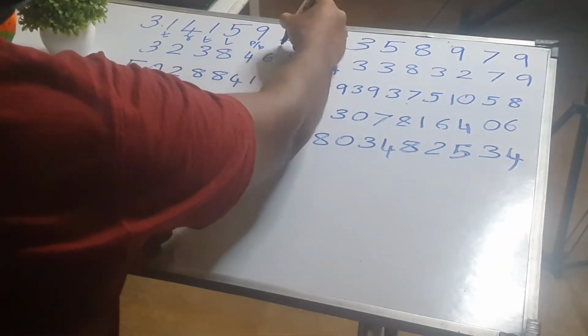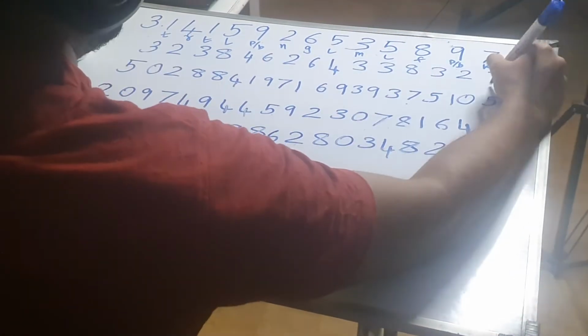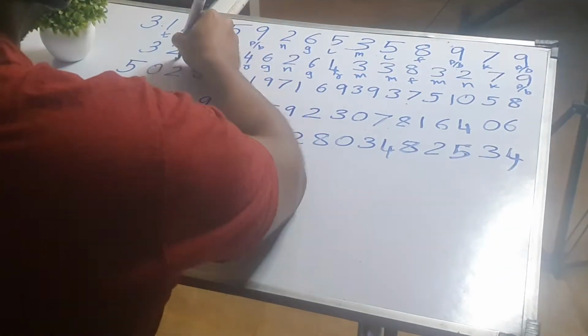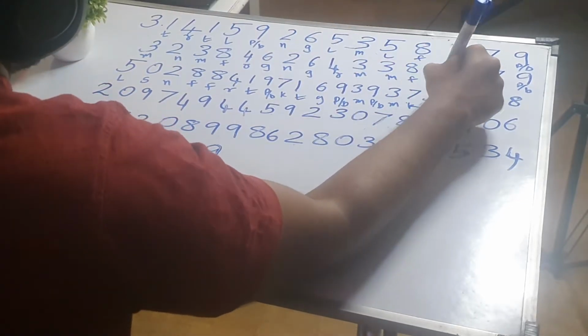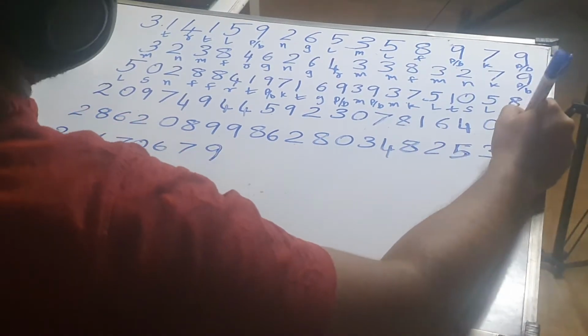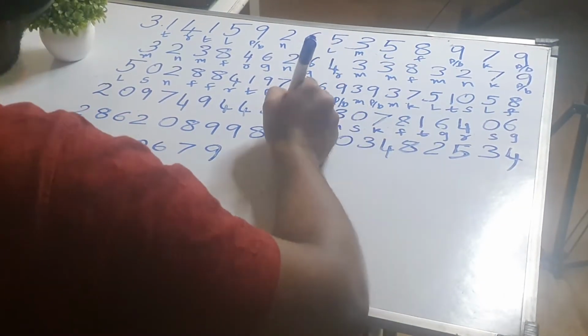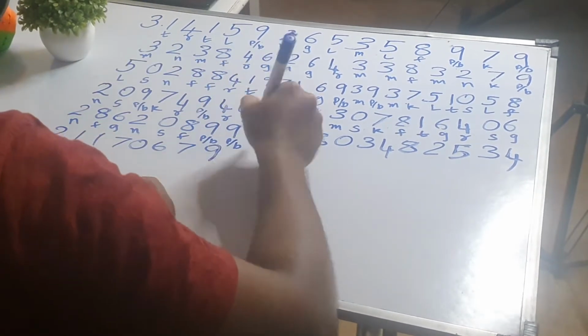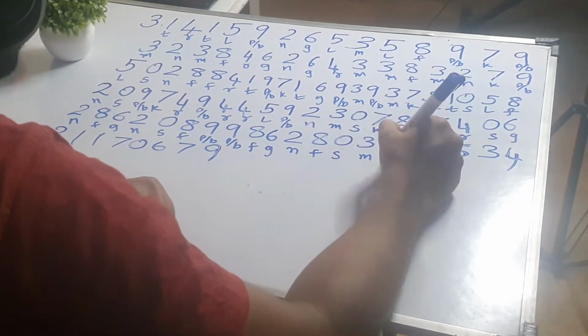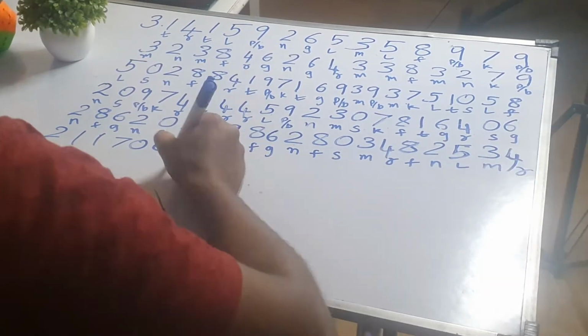And it goes like this. 0 is S, 1 is T because it has one line, 2 is N, which has 2 lines, 3 is M, which has 3 lines, 4 is R, 5 is L, because Roman numeral of 50 is L, 6 is G, which looks like an inverse of 6, 7 is K, which has 2 sevens, 8 is F, 9 is P or B, because if I have 2 alphabets, it gives me an advantage when I am creating words out of these alphabets. So, I have created 10 alphabets for 10 digits.